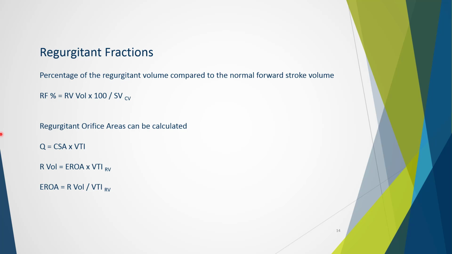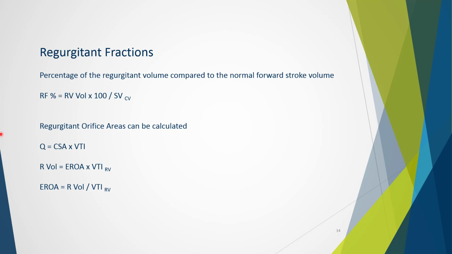Regurgitant orifice areas can also be calculated. Much in the same way that we determine the area of a stenotic valve, we can assess the size of the leaking area. We have already described that the flow is equal to the cross-section area times the velocity time integral.